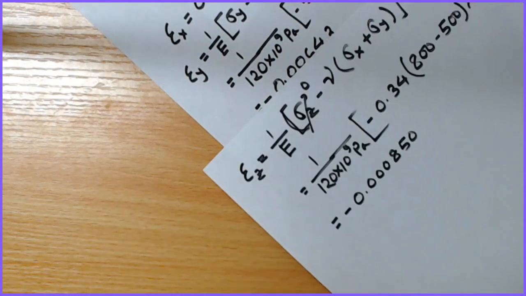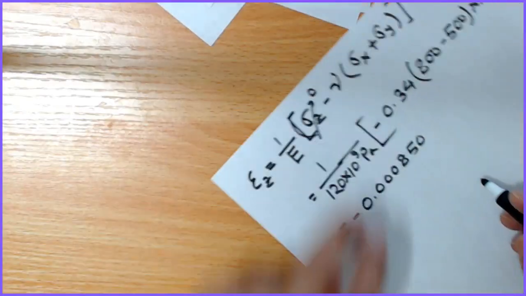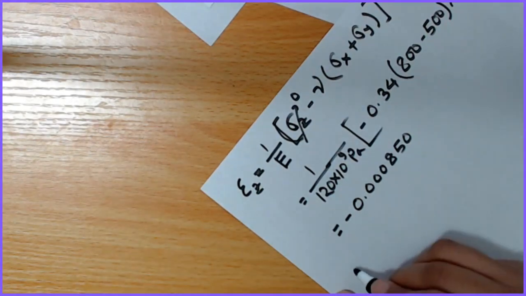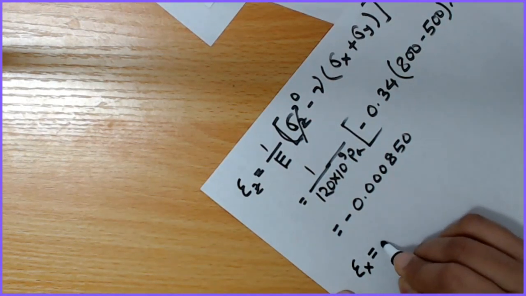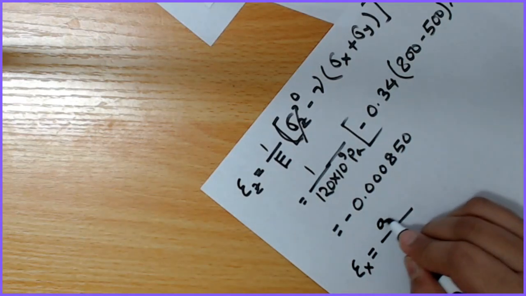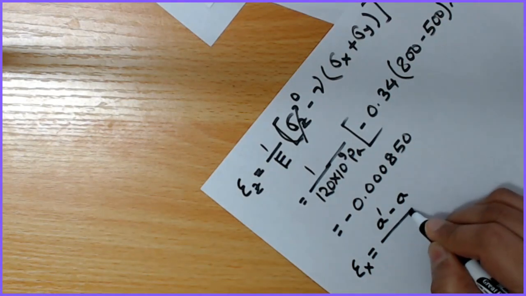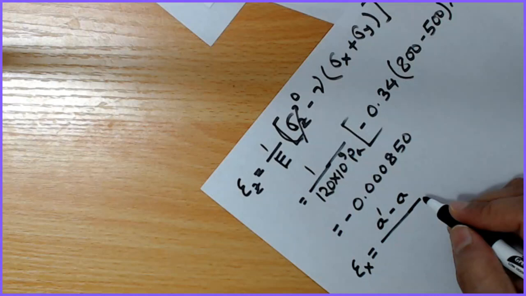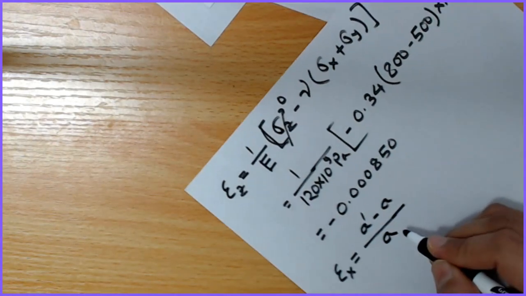Now, as we know, the normal strain epsilon x is the new length a prime minus original length a, divided by original length a.